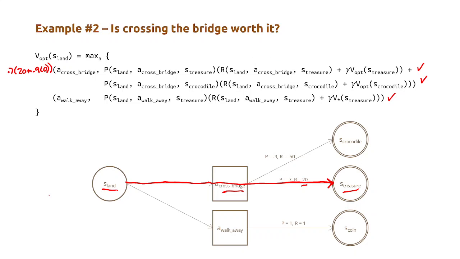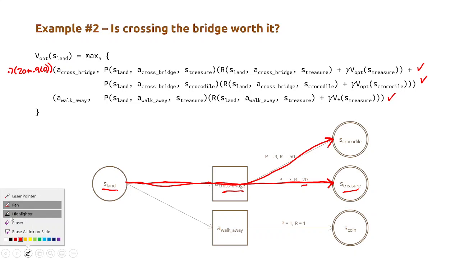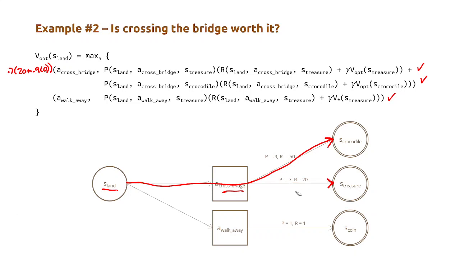The next equation refers to this path. What is the probability of S land, cross bridge, crocodile?